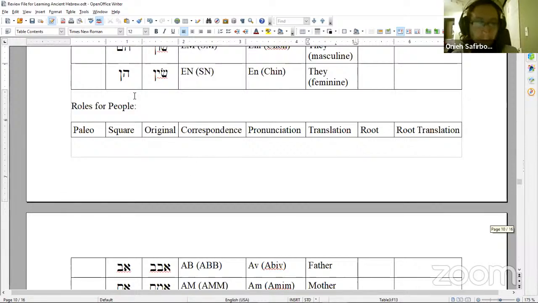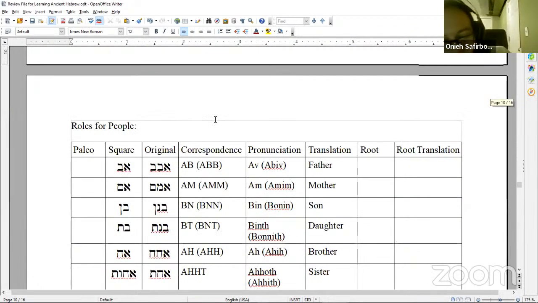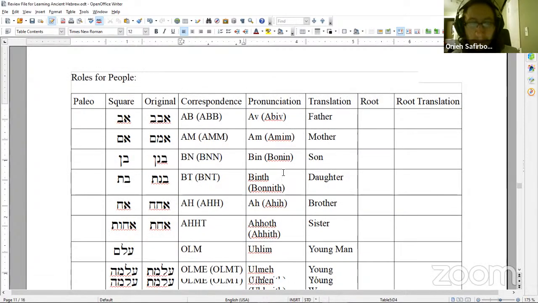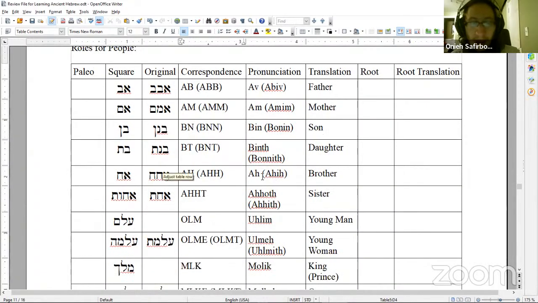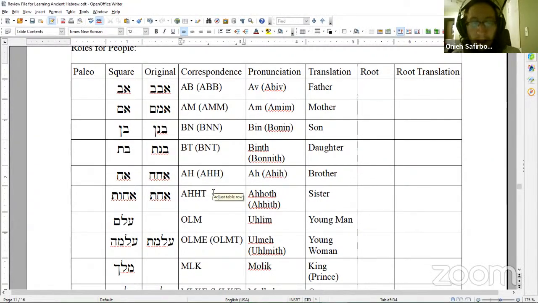Roles for people. We have Av, originally Aviv, father. Am, originally Amim, mother. Ben, originally Banin, son. And Bint, originally Banith, daughter. Ah, originally Ahid, brother. And Ahath, originally Ahith, sister.